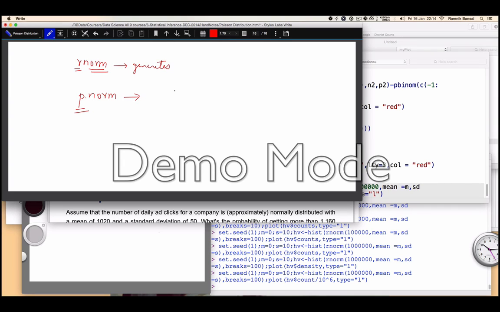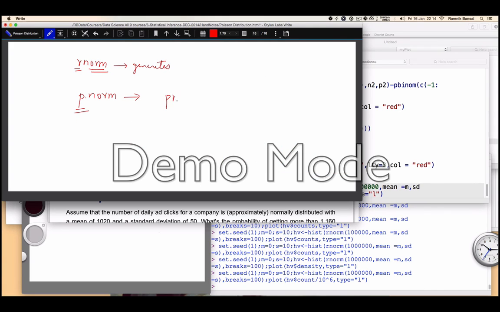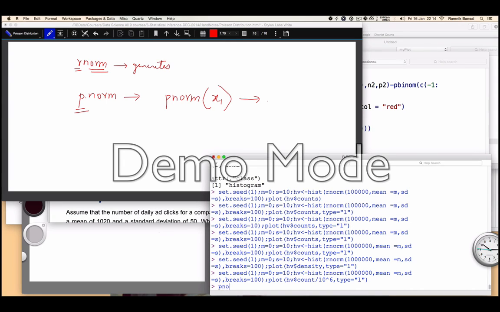If it is supposed to give me the probability, what are the inputs for pnorm? If we go back here, the input is x1, right? So I say pnorm(x1) and I would get the probability. So let's try this. Tell me what's the pnorm for 0.